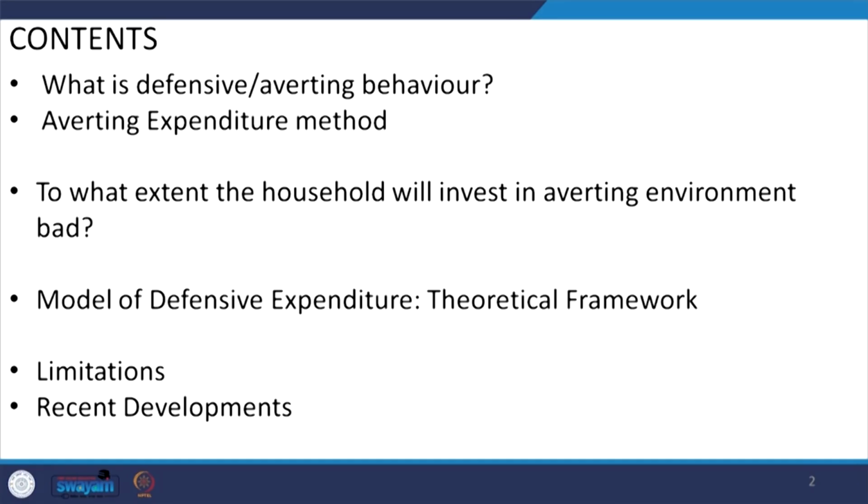On this aspect we will talk about a theoretical framework and a model of defensive expenditure, and then we will discuss the broad limitations of this method, and also focus on recent developments in this method itself.